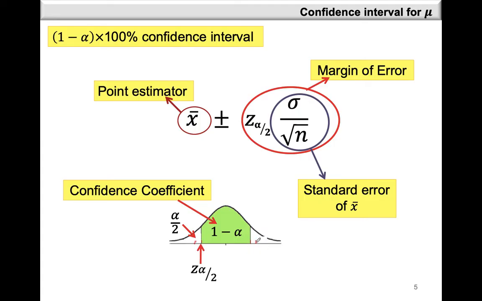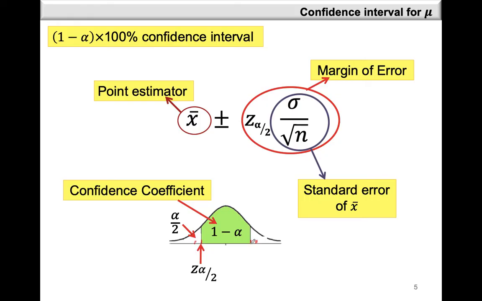Because of the property of symmetry, each of these tails is going to have a proportion of alpha over 2. Now, Z alpha over 2 is the percentile at the lower boundary here. And because of reflection, we change the sign and we get the positive value at the top here.